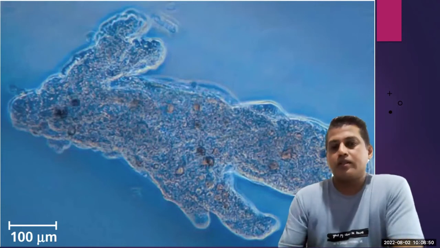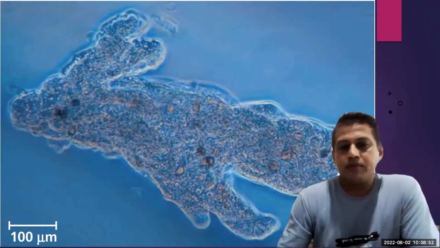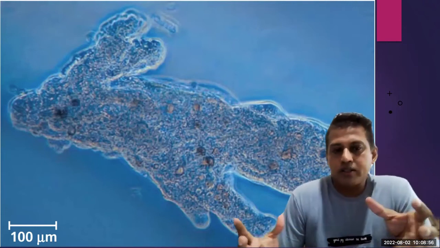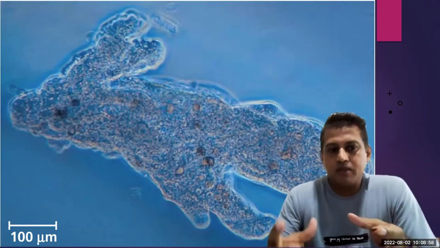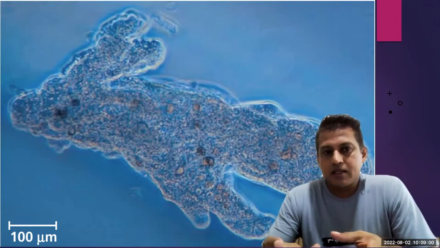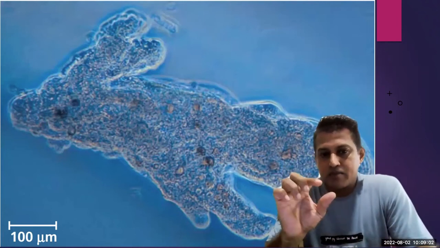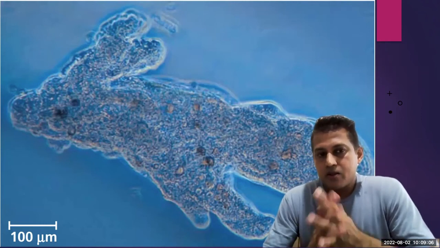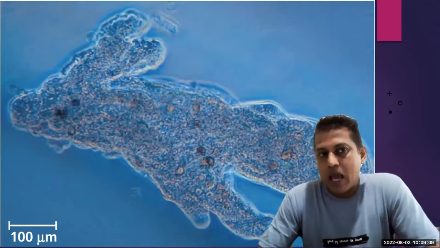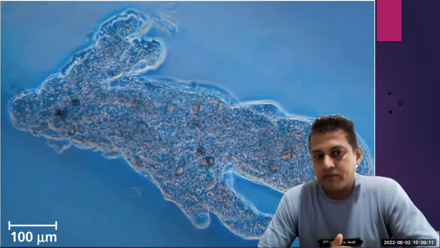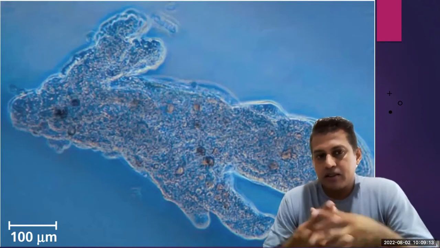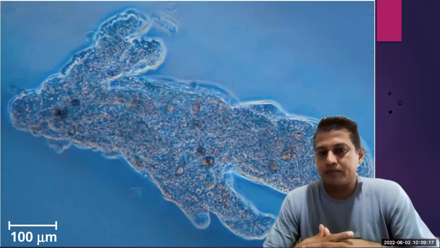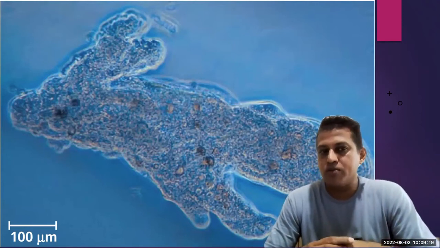Also, if you look at this cell, you can see it's not round. They have some extensions. The cytoplasm makes branches like this. So this is an amoeba cell. Amoeba cells can also move with pseudopodia, so they also use it for movement of the cells.